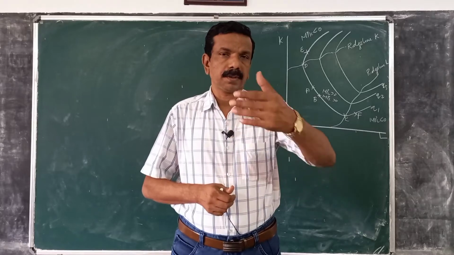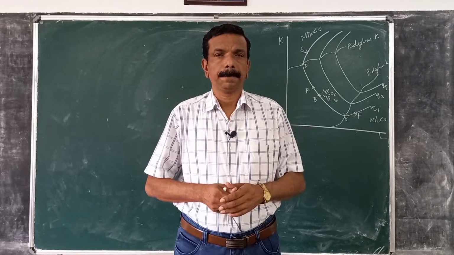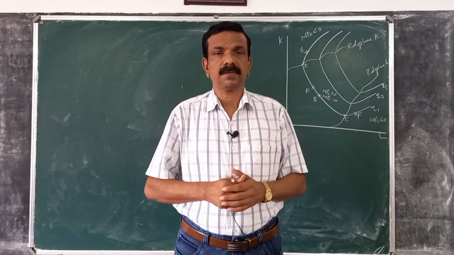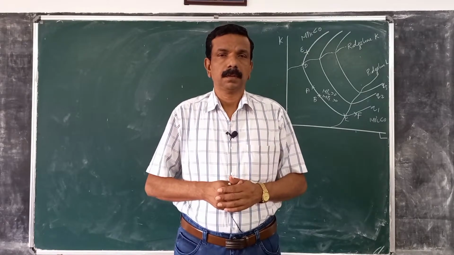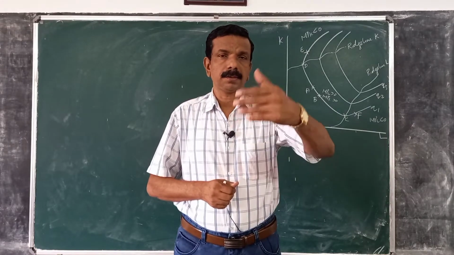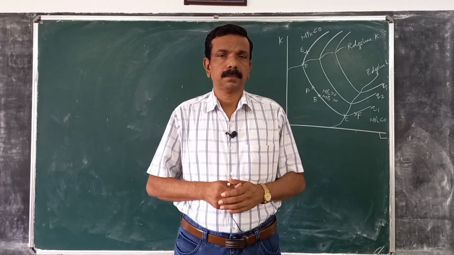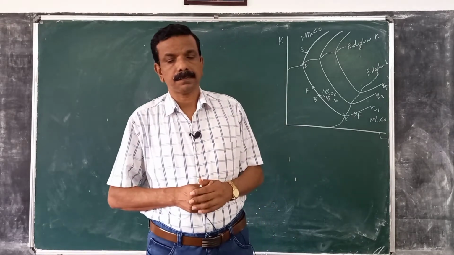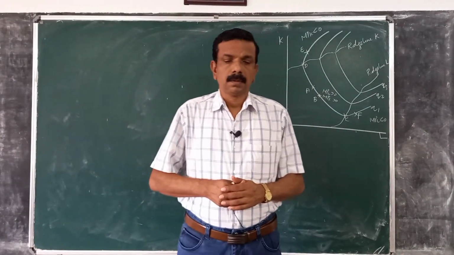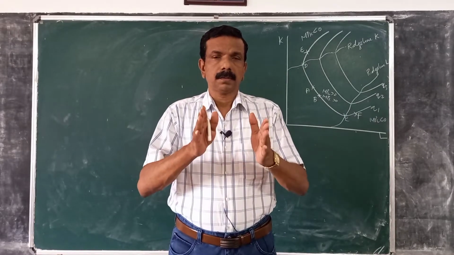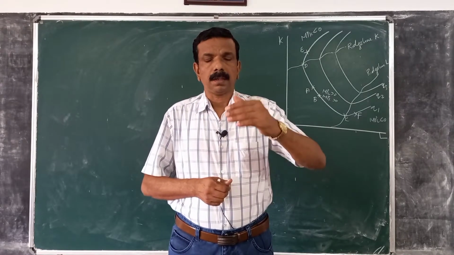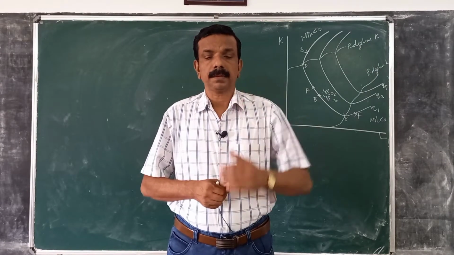In the previous class, we have discussed long-run production function and introduced isoquants to represent the long-run production function. Now, as we have seen, the isoquant is negatively sloped.